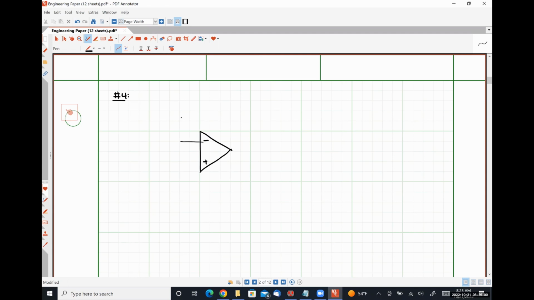I'm going to start with a resistor R in my feedback loop connected between the inverting input terminal and the output terminal. Pardon my misspeaking there. I'm going to measure my output voltage at the output terminal.